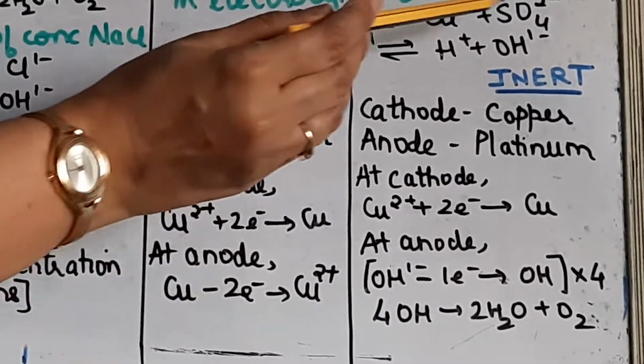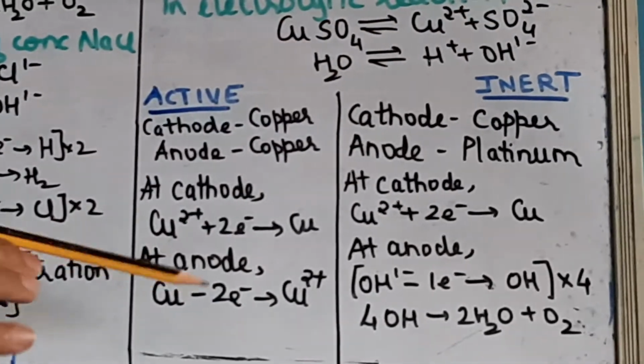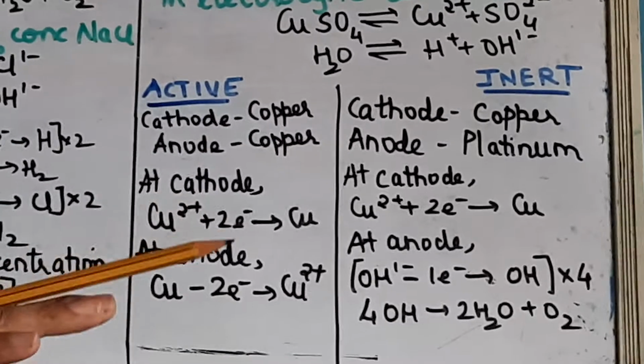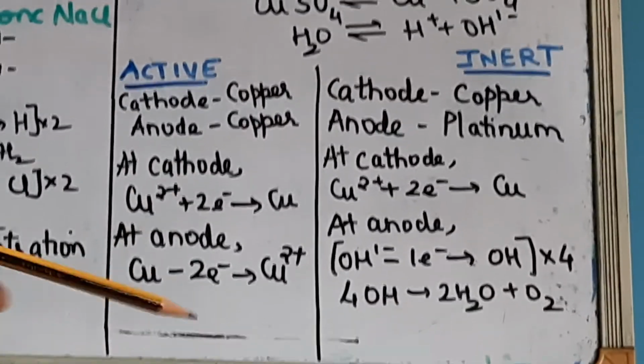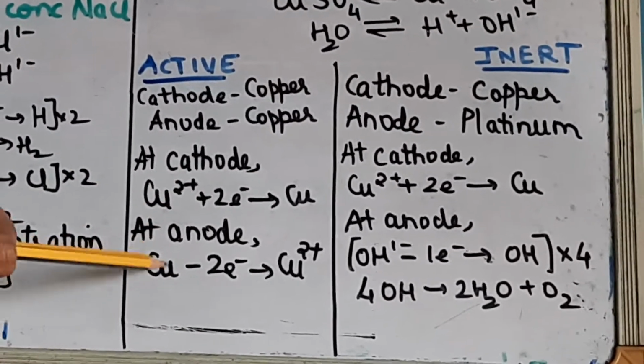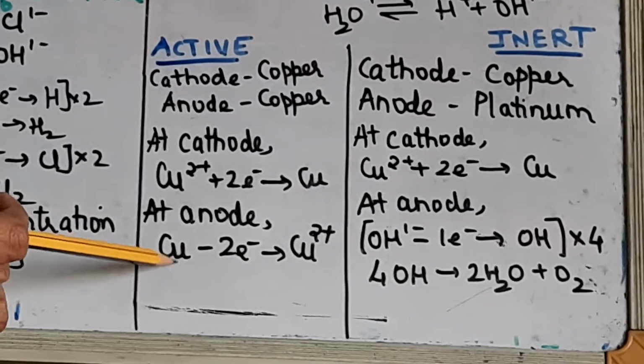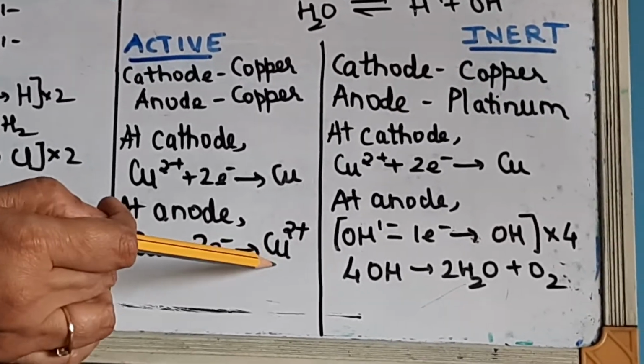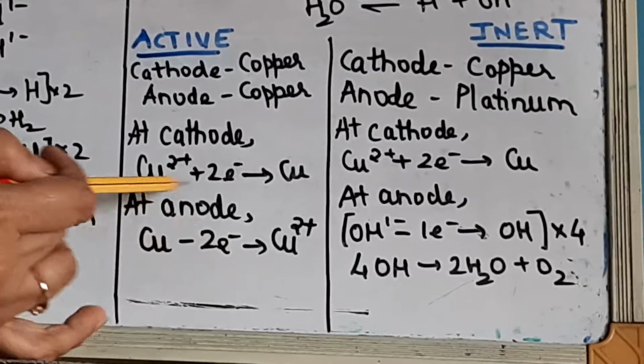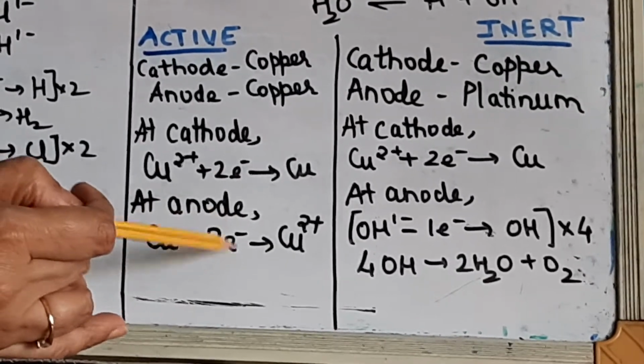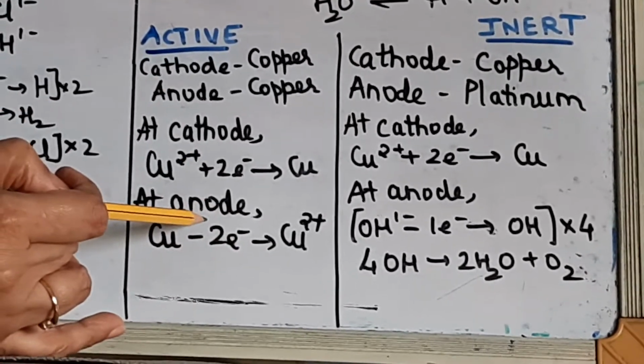So sulfate and hydroxyl will just migrate and remain at the anode, and they will remain as ions only. But our active anode, which is copper metal, itself is going to lose electrons and form copper ions. Okay, is it clear? That is the meaning of taking part in the reaction. Anode itself is taking part in the reaction.